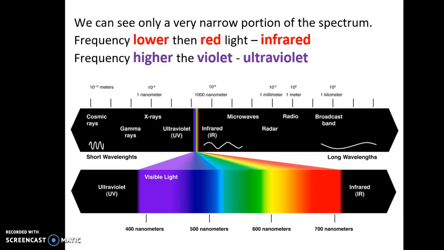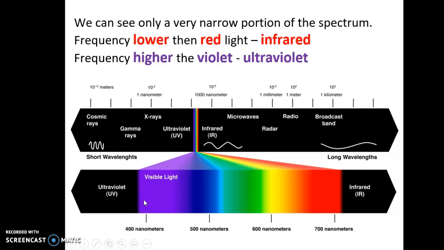Here we have the ultraviolet right here. We have violet on this end with the shorter wavelengths. Then you have the red on this end with the longer wavelengths. Notice the frequency is lower, and then the frequency is higher.